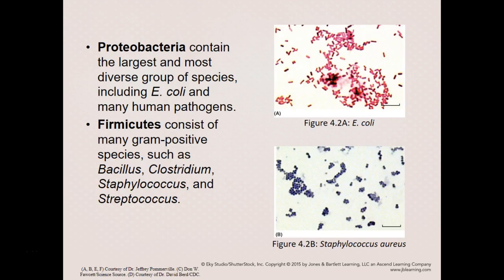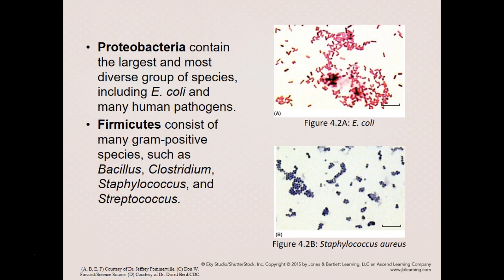Proteobacteria are the largest group of bacteria, and they include organisms that are found in our gut. So E. coli, a lot of organisms that can be found in our gut are enterics. So E. coli is an example of an enteric bacterial species. Serratia is another one. Then we have the firmicutes.